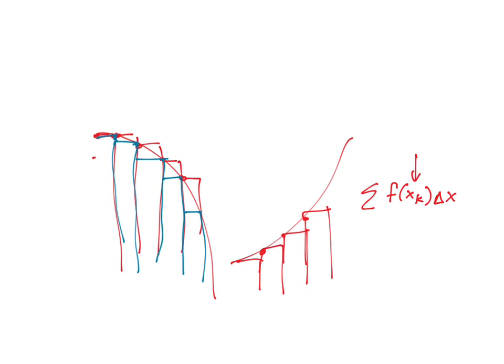So it matters. It matters whether I am doing a left Riemann sum or a right Riemann sum. Am I using the left side of the rectangle to find f of x, or the right side? Which one's more accurate? If I'm trying to figure out how much paint it's going to take, I probably want an overestimate.